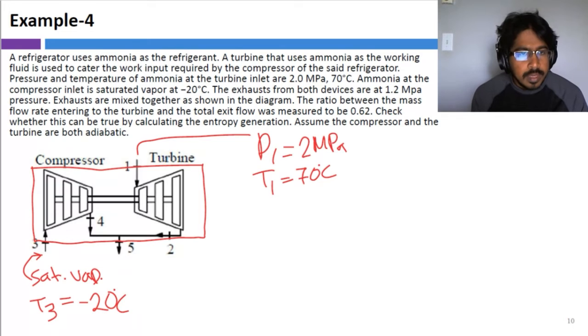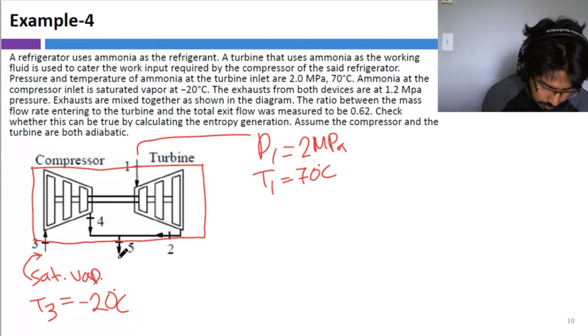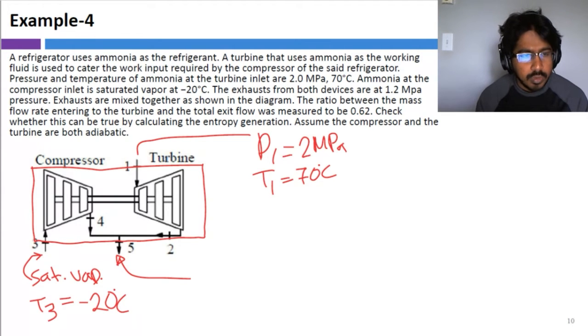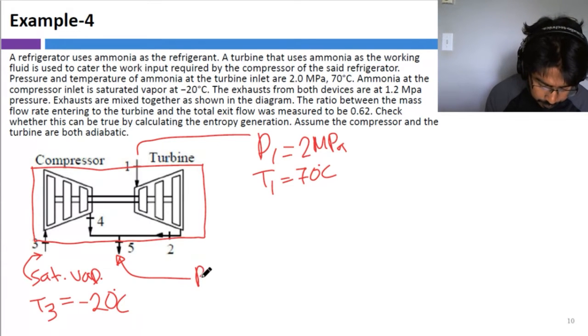The exhaust from both devices is at 1.2 megapascal pressure. So that means if both exhausts are at the same pressure, the pressure at state 5 should be the same, 1.2 megapascals.